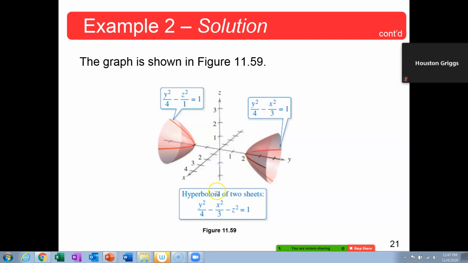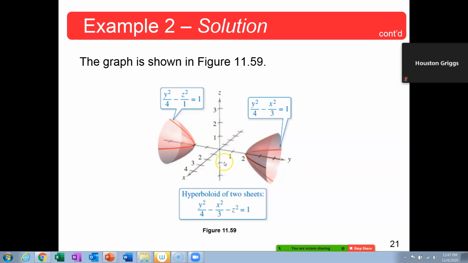And as they sort of pointed out to you, in the XZ plane there is no point of intersection, because in the XZ plane y is 0, and you'd have a negative number here, positive number there, can't happen. So in the XZ plane, which is the plane here, x-axis, z-axis, no point of intersection.